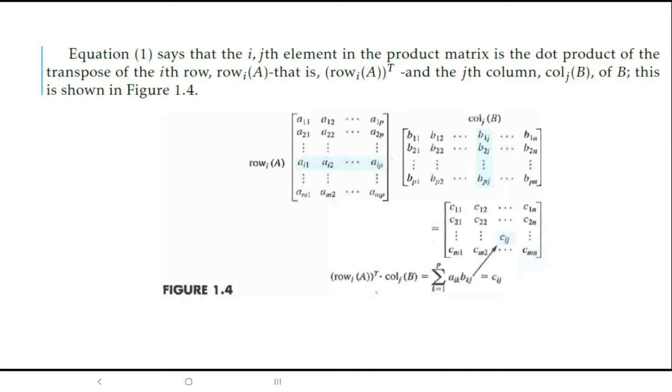Kung gusto natin kunin si C sub mn, kunin natin yung nth column at saka yung mth row transpose and then i-dot product natin. Okay, so medyo meticulous yung process ng paghahanap ng matrix product.